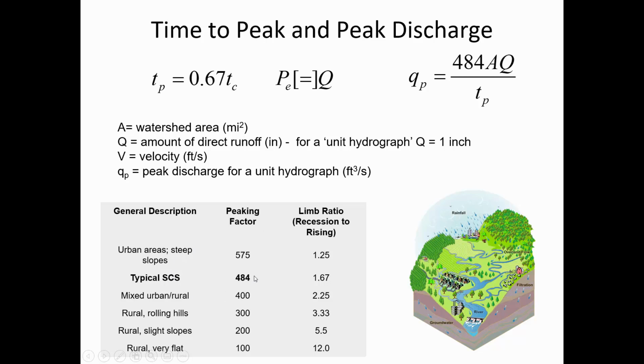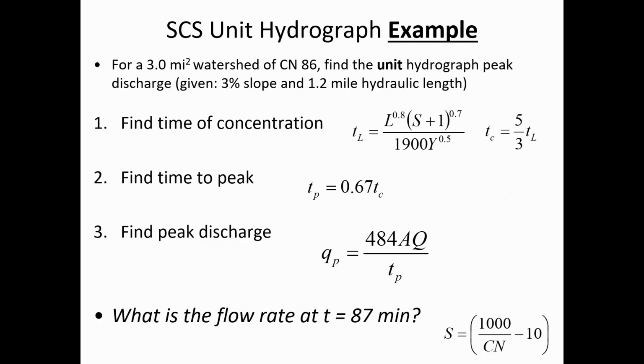A typical peaking factor of 484 would maybe be modified higher if you have urban areas or particularly steep slopes. This is a way of calibrating the peak discharge equation to take into effect not only the curve number, but also the degree of urbanization inside of a watershed.